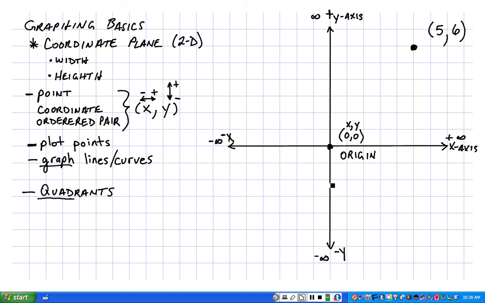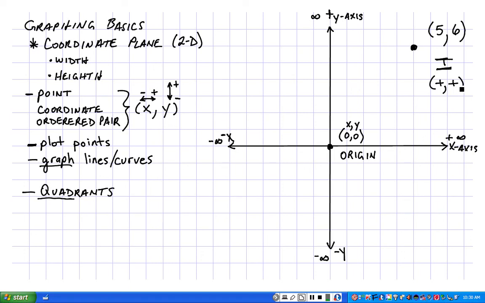This first quadrant over here is termed quadrant 1, and any point in this space would have a positive x and a positive y.